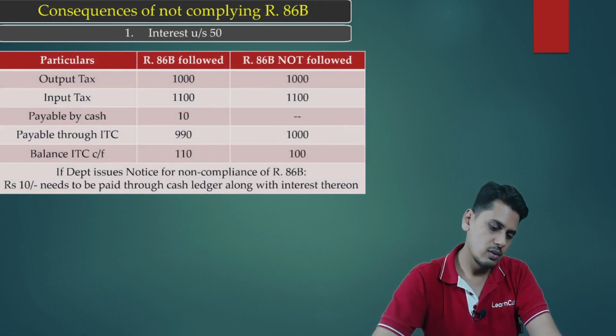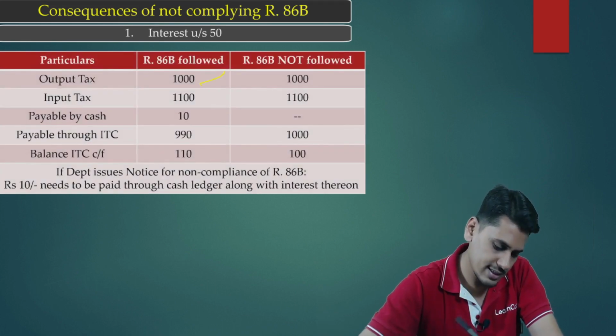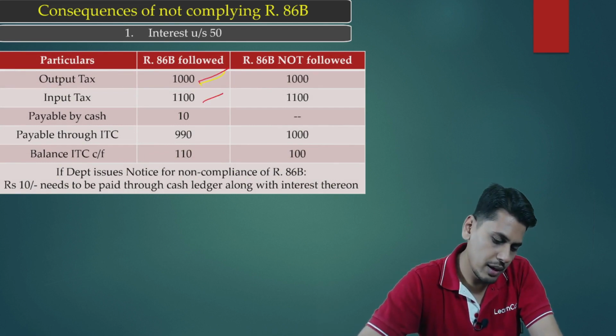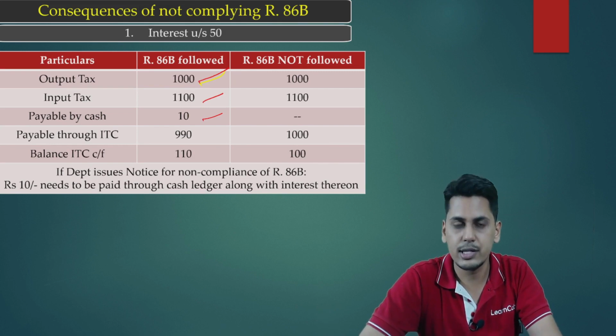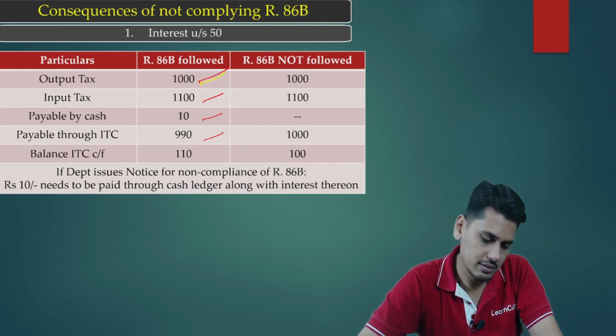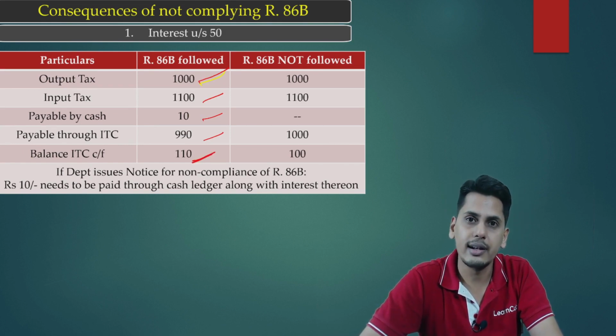So friends, what are the consequences? Let's take an example. Output tax is 1000, input tax credit 1100, payable by cash 10 if 86B is followed, payable through input tax credit 990, balance ITC carried forward 110.